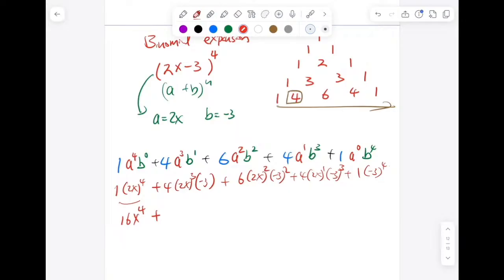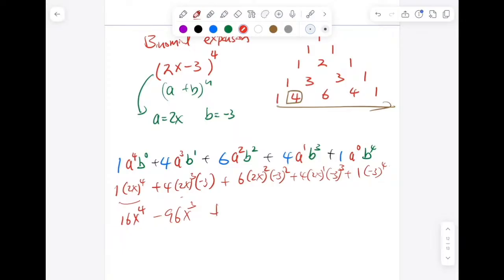But this one's negative, so I gotta erase this part. I will say that's negative 96x to the third, because of negative 3. Good question.